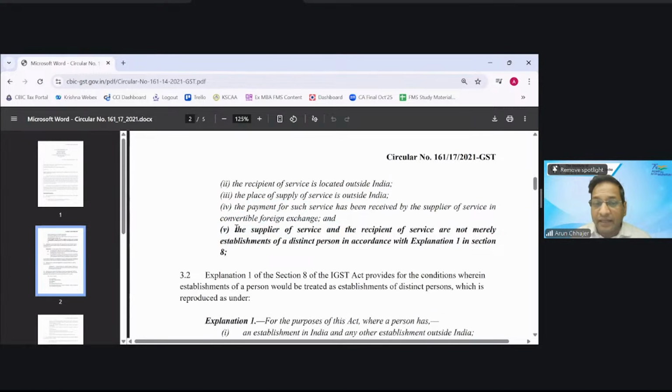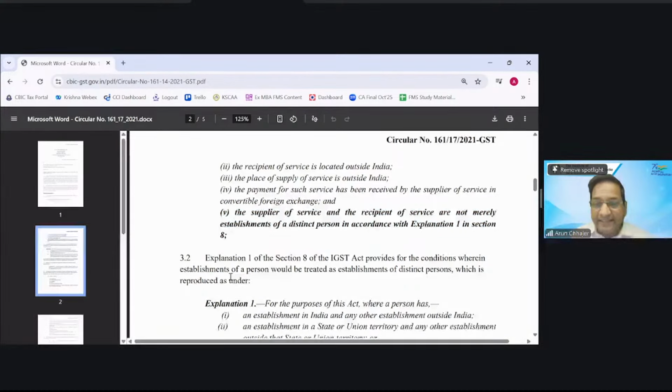And the supplier of the service and the recipient of the service are not merely establishments of distinct person in accordance with explanation 1 to section 8. So what does that mean? Supplier and the recipient are not merely establishments of distinct person.